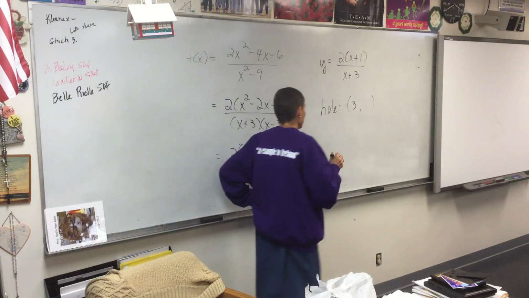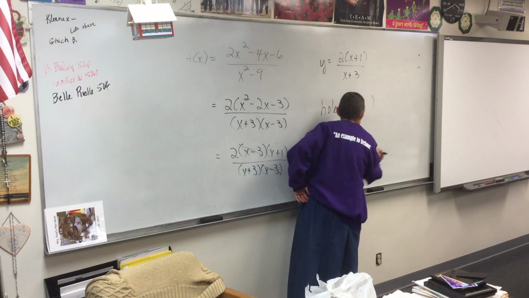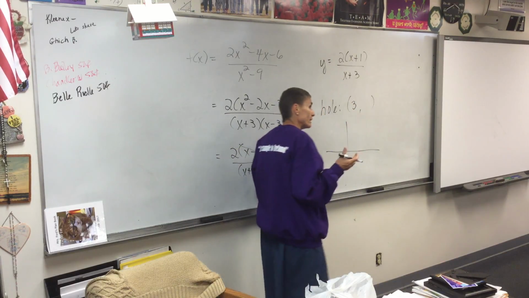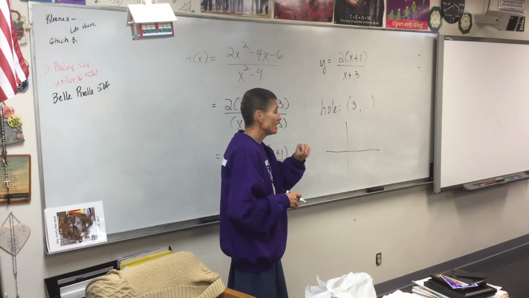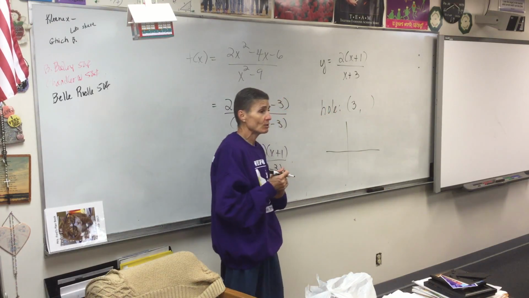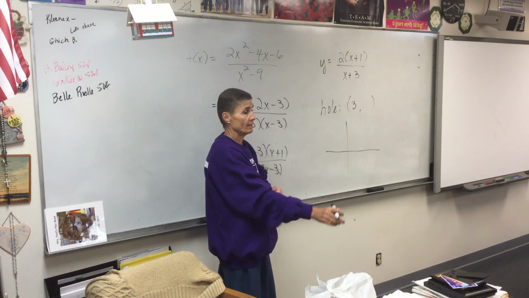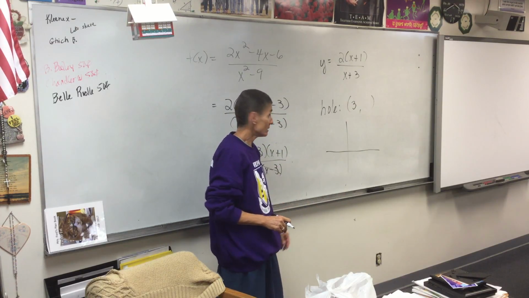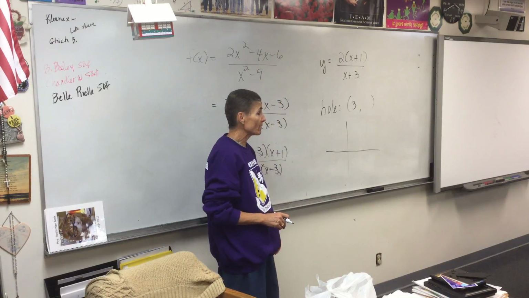Now the hole, remember though, kids, is a point. It's an open point. So I need a y coordinate. Where am I going to get the y coordinate? I'm going to plug in 3. Where am I going to plug it in? For x. Where?